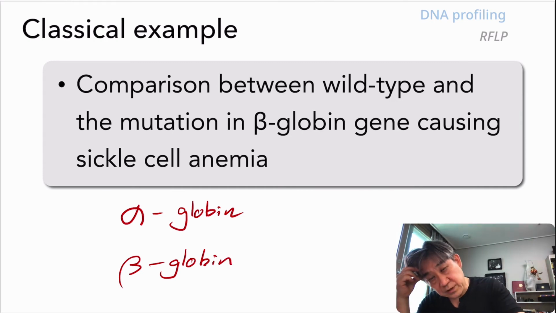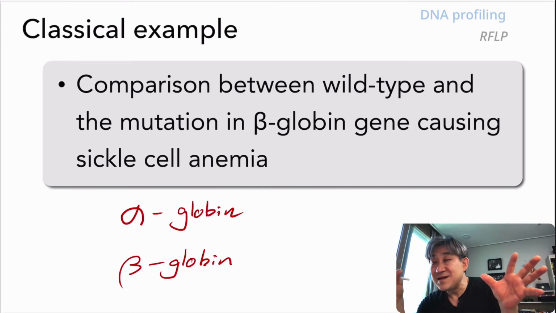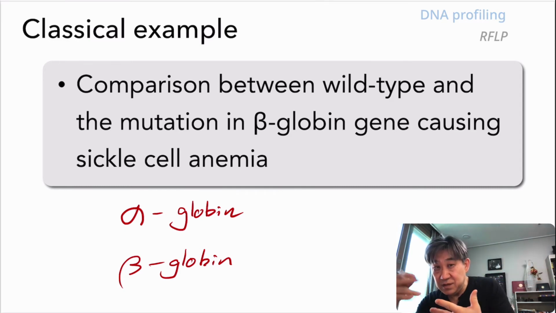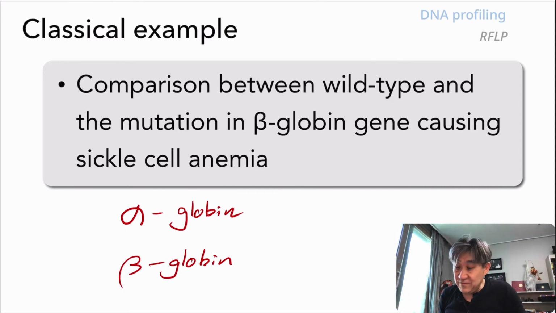In terms of protein structure and DNA sequence, they are highly similar. However, they are not 100% identical. So these are technically two different genes as well as two different proteins.